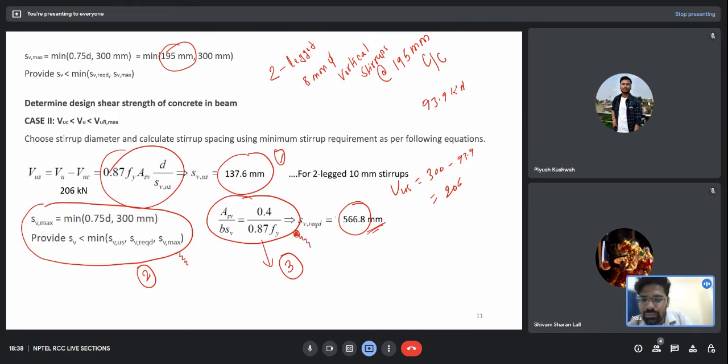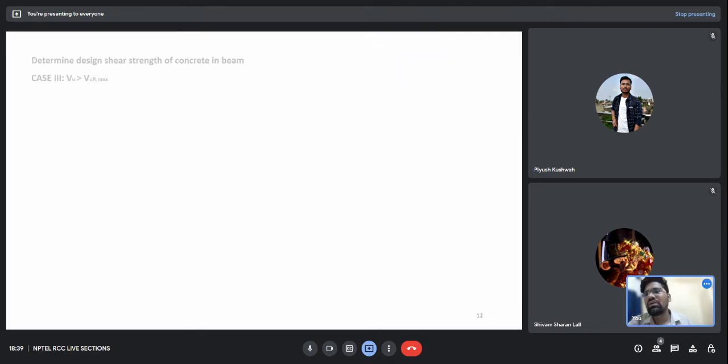The second is based upon the maximum spacing for the stirrups. The third is based upon the shear which is acting on my beam. So a minimum of all of these three cases is to be provided, and it is coming out to be 137 mm. So I will be providing two-leg 10 mm vertical stirrups at 137 mm center to center distance.